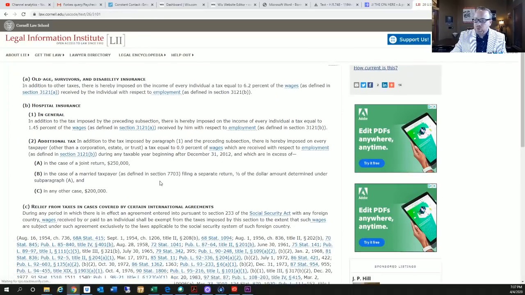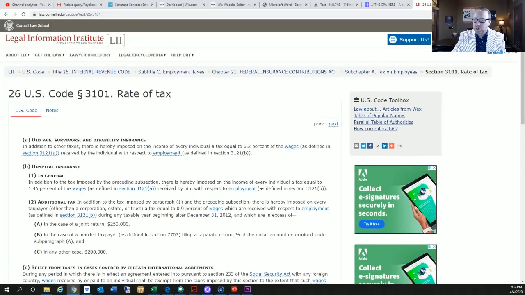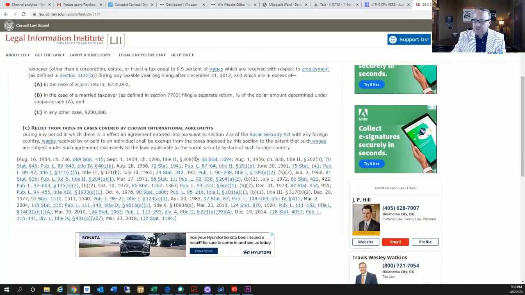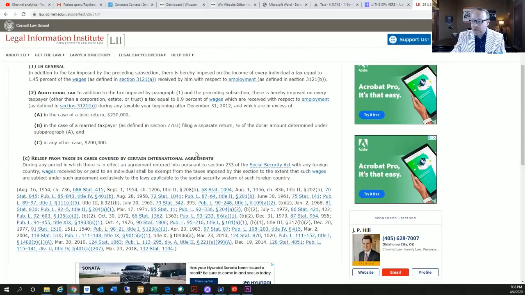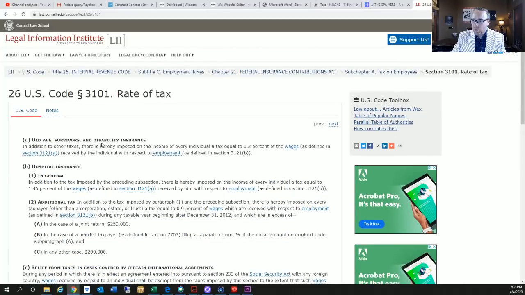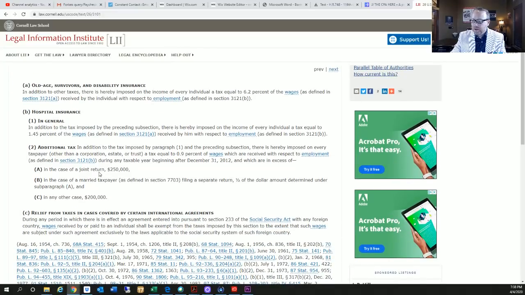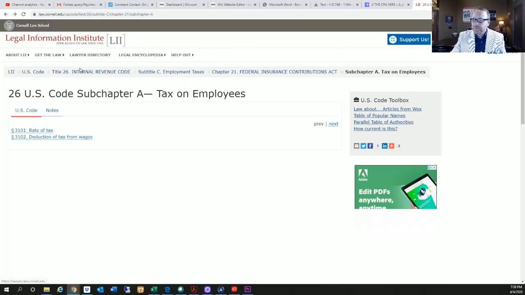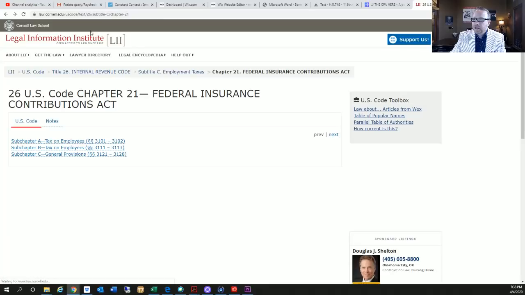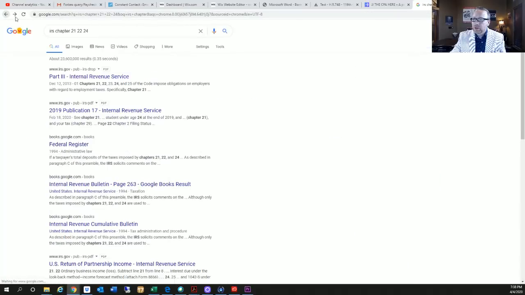this is what the tax is subject to, and this is related to, as it says right there, the Federal Insurance Contribution Act. So you can peruse it. This is what it's talking about: old age survivors, hospital insurance, additional tax. Then if we go to section 22, I'm just going back to my search here.